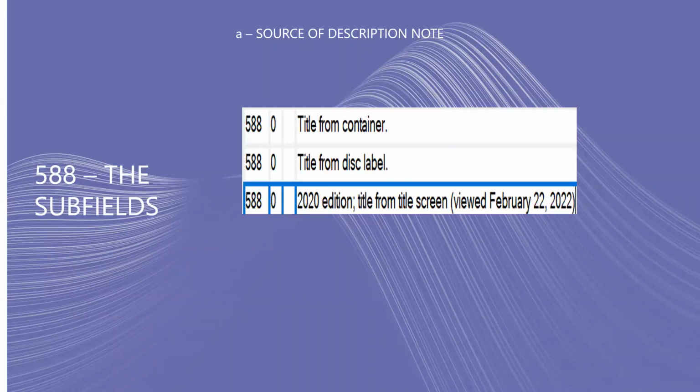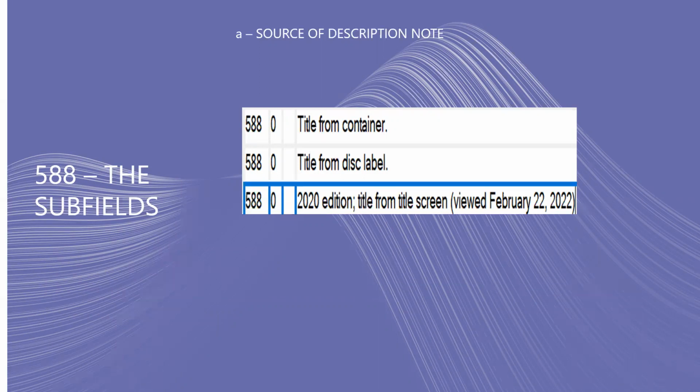The subfields, really, there's a subfield A. It's a note that contained administrative information. So such as, we used to put the title from cover in the 500 field, but now it's more appropriate to put that in a 588 0.